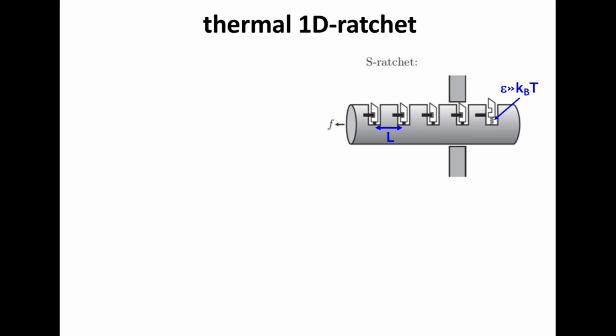So it's just a 1D rail where there are pawls which are normally retracted. Hence, the X position of this rail can move forth and back just by diffusion. However, if we release one of those pawls, the motion in one direction is prohibited.